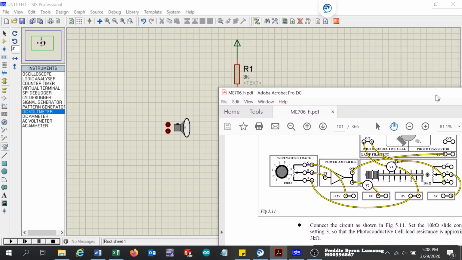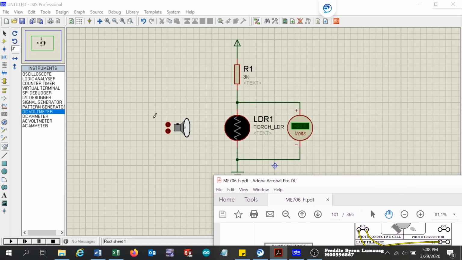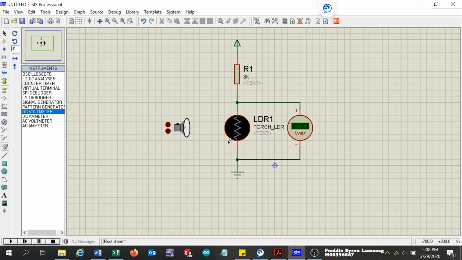But here we have already this source of light, so we will have to decrease the distance of this source of light to the LDR so that we can simulate the intensity for the LDR, and then we will read the voltage output. So it's the same thing as increasing from 0 to 10 volts, and proportionally we will have to decrease the distance of the lamp to the LDR.